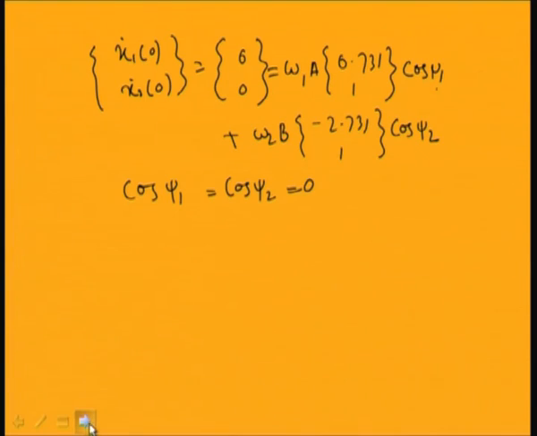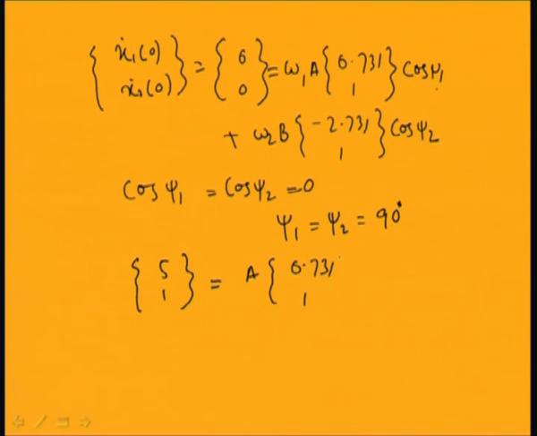So, when cos psi 1 equal to cos psi 2 equal to 0, psi 1 equal to psi 2 equal to 90 degrees. So you can substitute this for psi 1 and psi 2 in the previous equations. So 5 and 1 will be equal to a into 0.7311 plus b into minus 2.731.